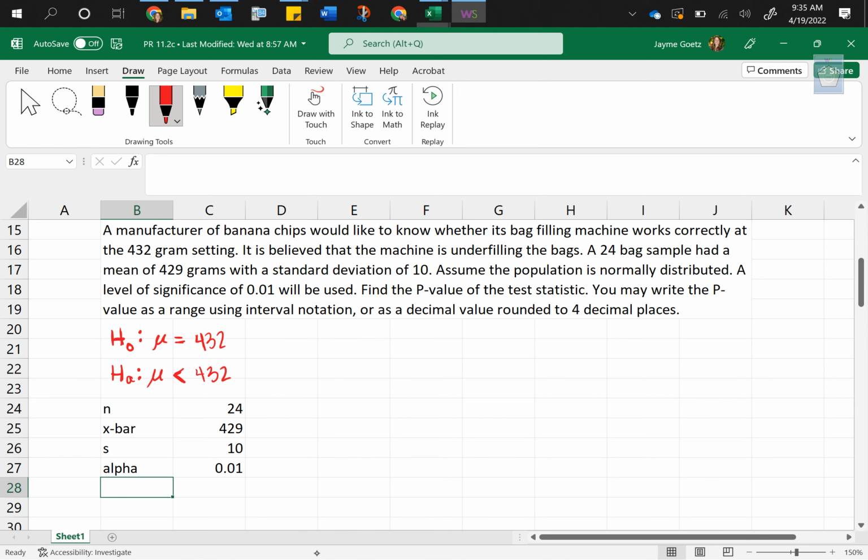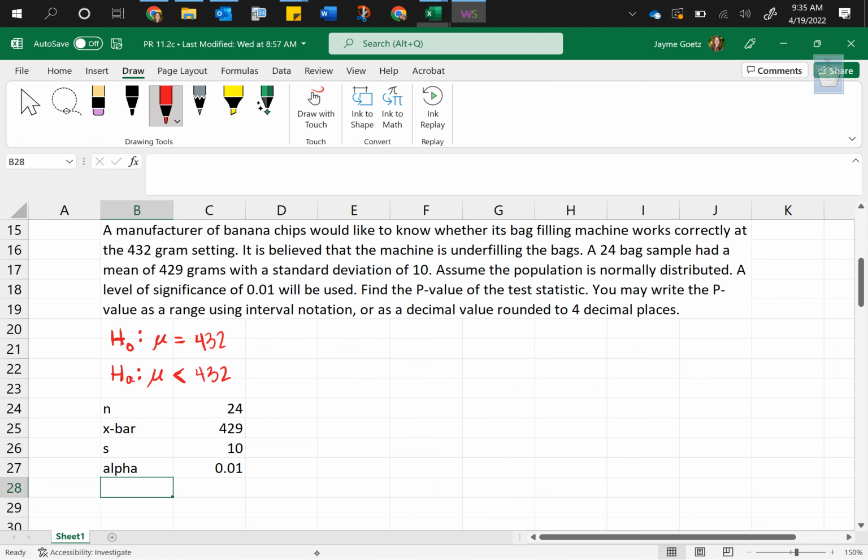With all of this information, we have to figure out which of our templates we want to use. Guys, these templates are a gift to you. You get to use them on your test. They're doing the work for you. You have to know how to read it. So first of all, let's look at this. We're talking about a mean, so we know that we're going to use one of the mean templates.